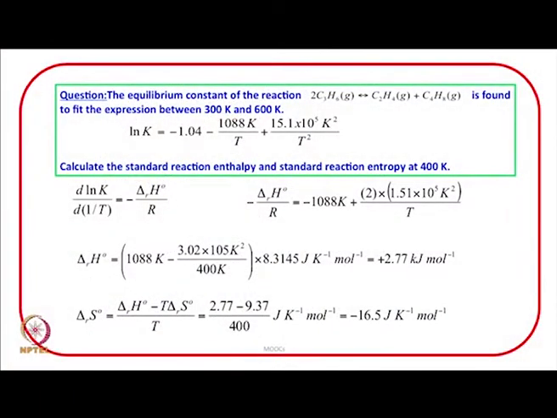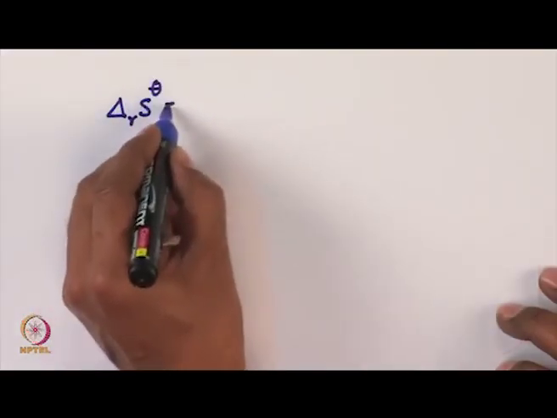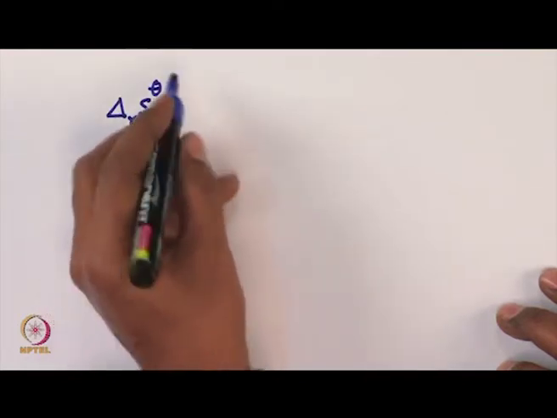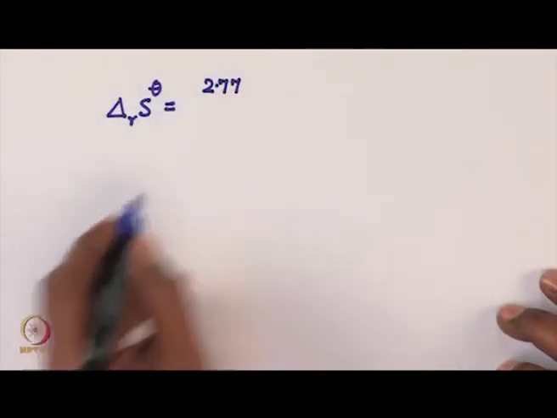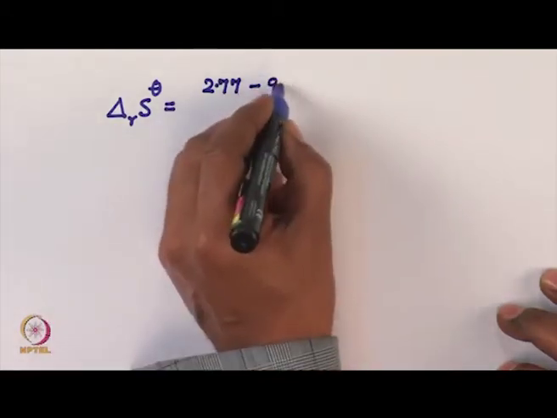Once you substitute over there, what I will have is delta R S naught is equal to delta H naught, we just calculated, is 2.77, and delta G naught from minus RT log K will come out to be 9.37.